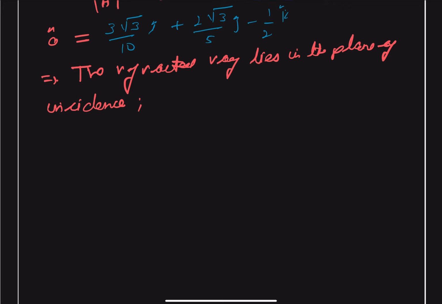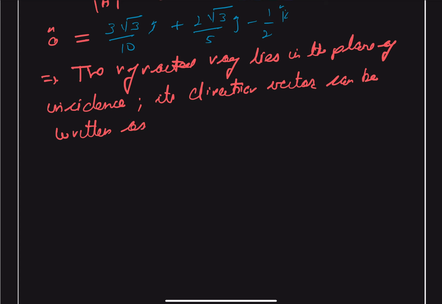Therefore, its direction vector can be written as R unit vector equal to alpha times A cap parallel unit vector, plus beta times the k unit vector.